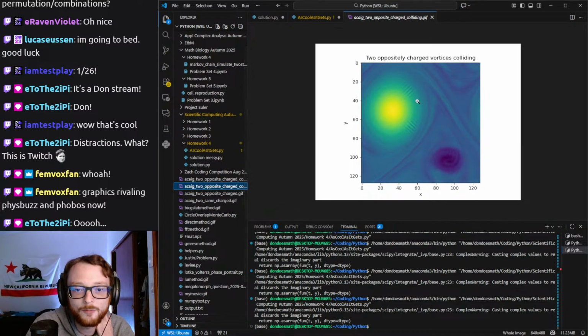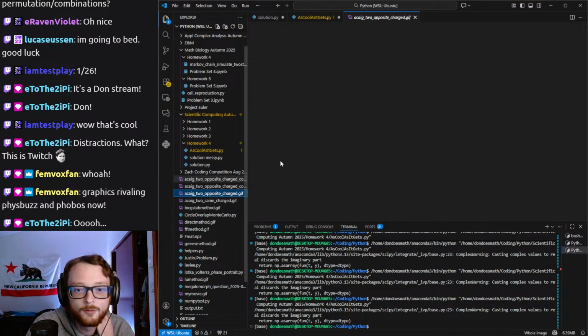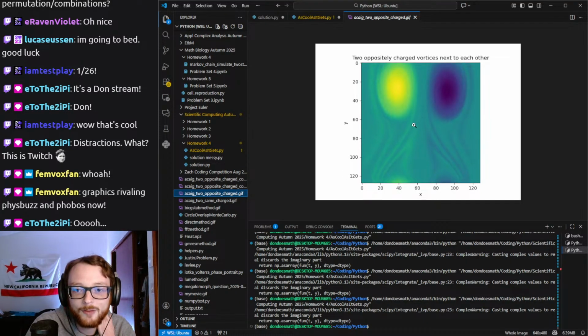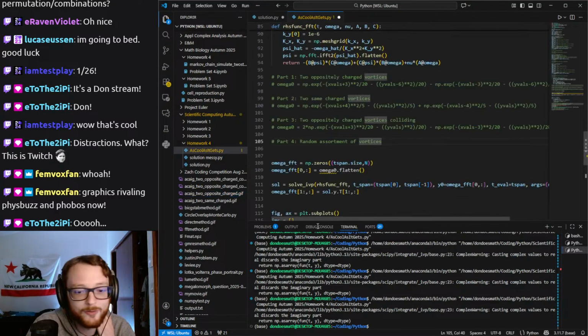I think this yellow one with the positive charge is twice as strong as the negative one, so it just completely overwhelms it. For reversion, if they spin different ways, they don't seem to want to collide. That was the mission that I was on before I got distracted.